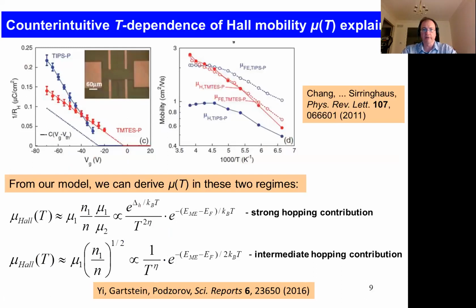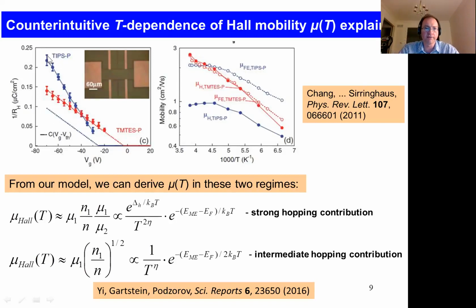Finally, another mystery is something that was measured in Henning Sirringhaus's group. So here they measured Hall effect in these two systems, TIPS pentacene and TMTES pentacene. And you can see that here in TIPS pentacene, shown by blue data points, the situation is very similar to pentacene.